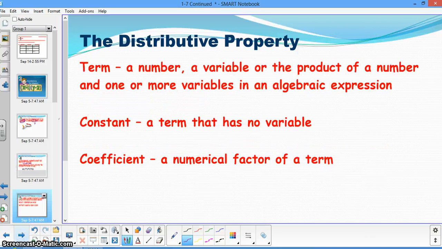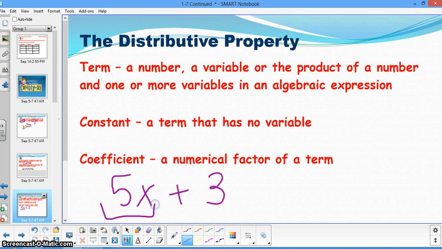A couple other vocabulary terms that you should already have in your notes. Term, a number, a variable, or the product of a number and one or more variables in an algebraic expression. And that seems like a lot, but we'll break it down. A constant is a term that has no variable, and a coefficient is a numerical factor of a term. So for example, I can have 5x plus 3.